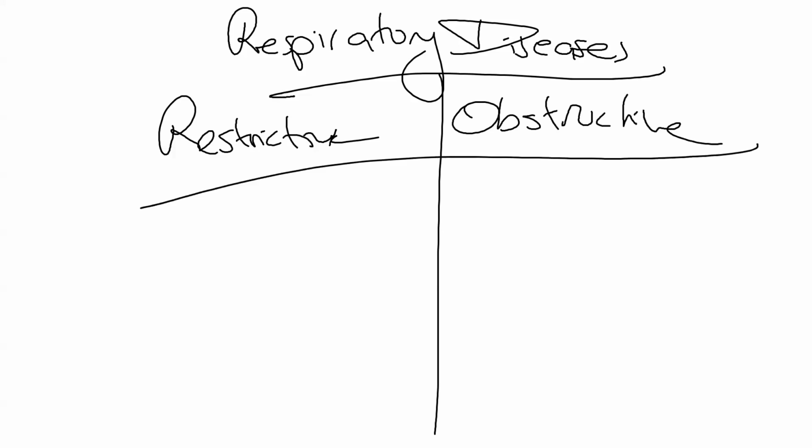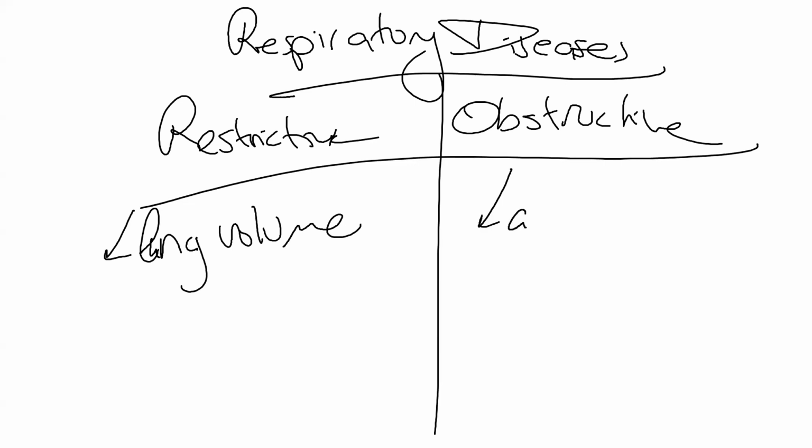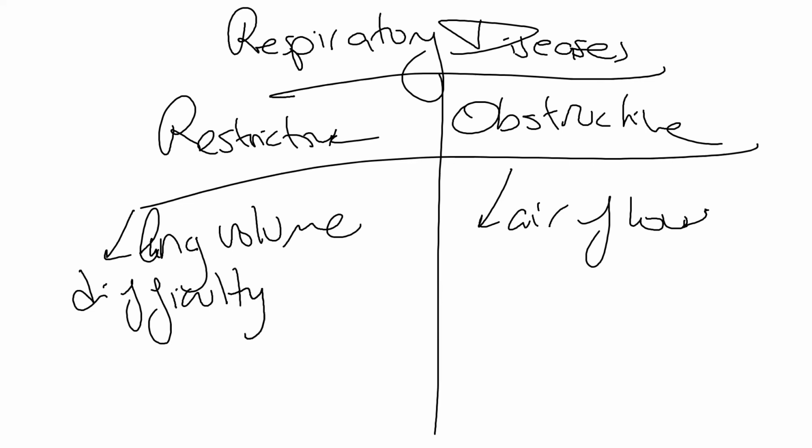Usually, the restrictive diseases have a low lung volume. However, the obstructive ones have low airflow. In restrictive, you have difficulty in inhalation. However, in obstructive, you have shortness of breath.